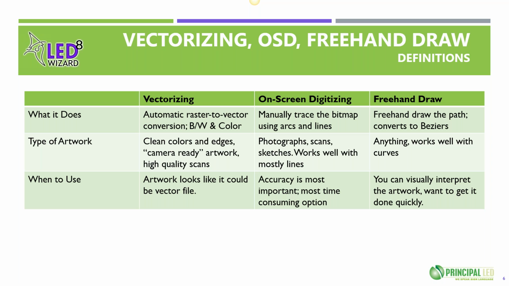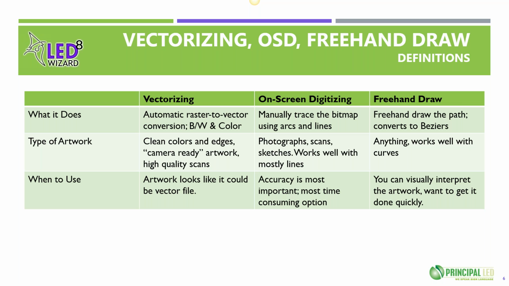You can draw lines, but for the most part, you're an artist, just tracing over the artwork. And as you draw that path, it converts it to Bezier curves, and by doing that, it smooths it out a little bit, makes it a little bit more even. This is a new tool in LED Wizard 8, and it's a great way to handle some of these kinds of files.